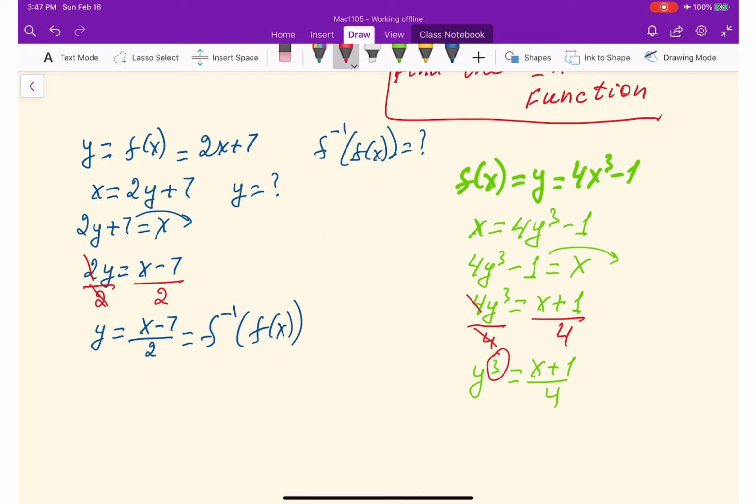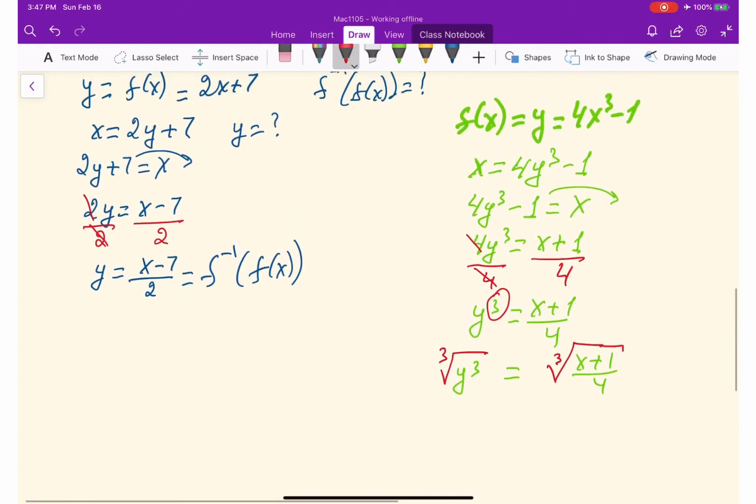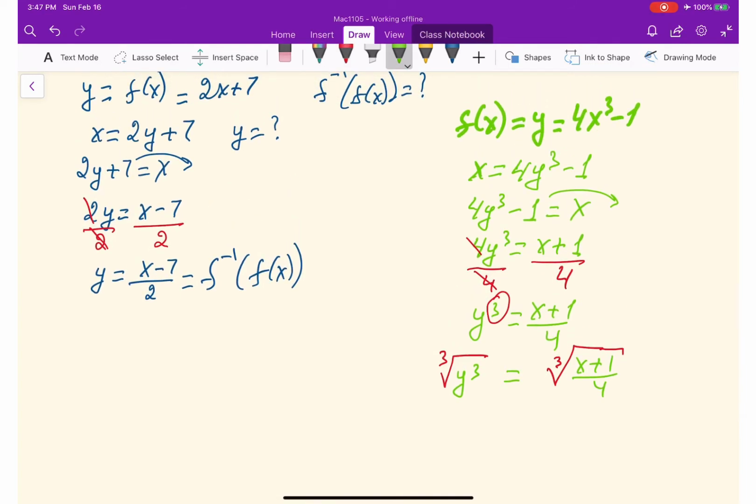So it's going to be the cubic radical of y cubed, which is equal to the cubic radical of x plus 1 over 4. From here, the cubic radical of y cubed gives y. That is equal to the cubic radical of x plus 1 over 4.